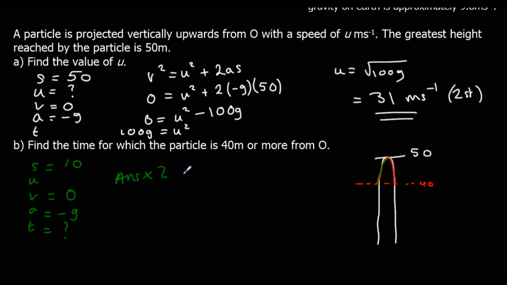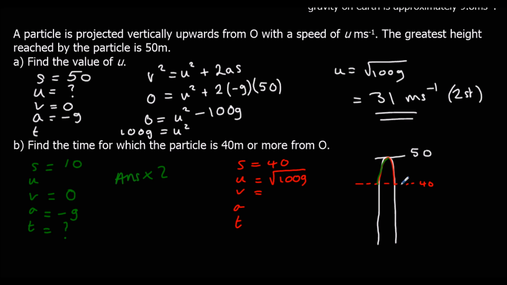That will be the quickest method. If you wanted to do it in one motion, you could by having s as 40 from the start. So u would be the u we worked out in the previous question.